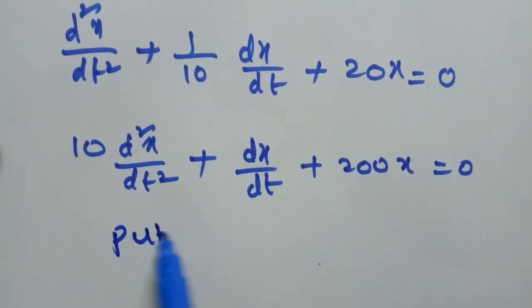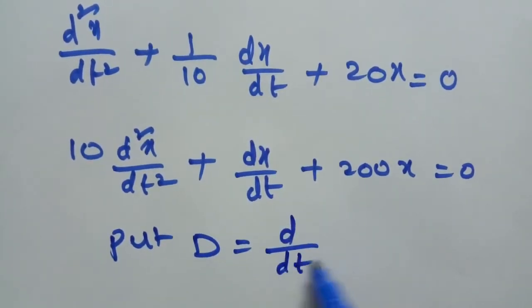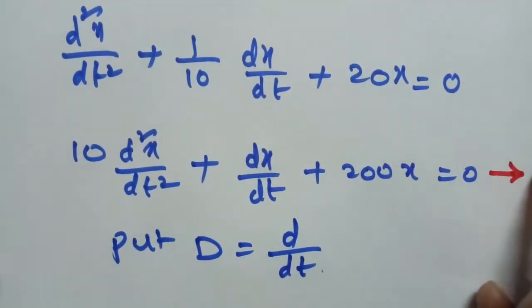Therefore put D is equal to d by dt. Say this is equation number 2.